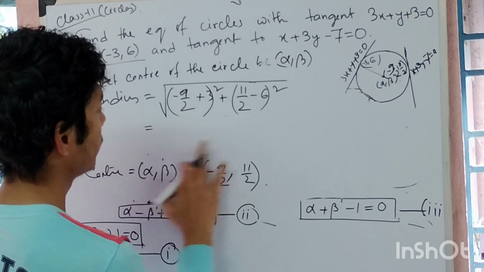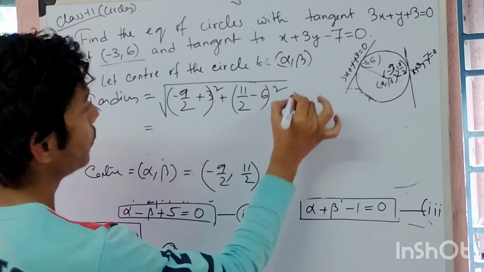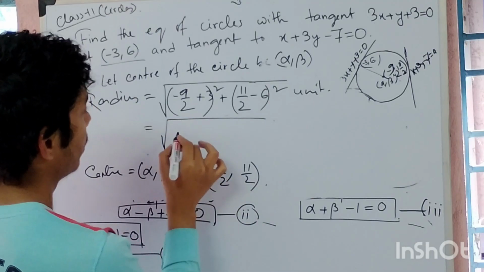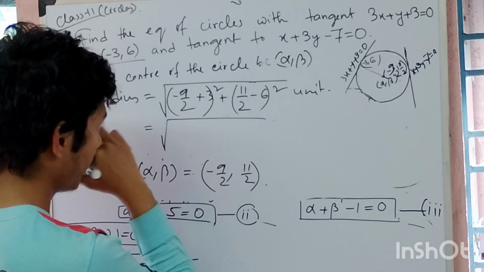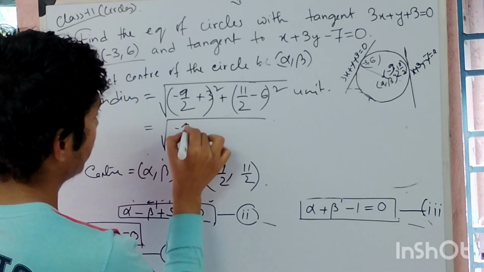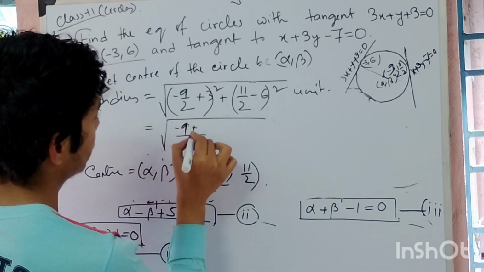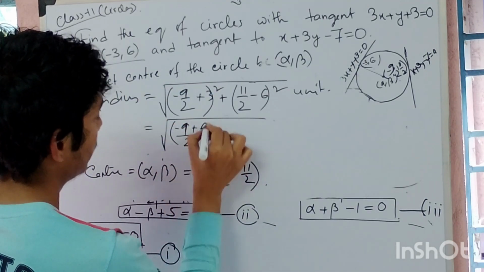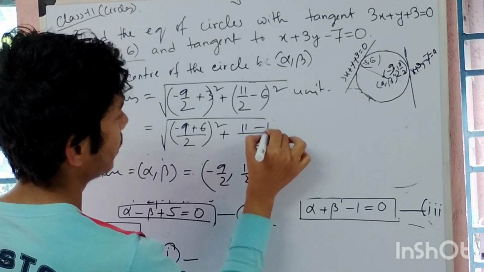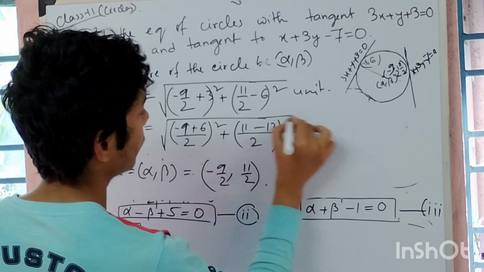Okay, very good. So it will be root over of, if you make it square, minus 9 plus 6 whole square, plus 11 minus 12 whole square, over 2.